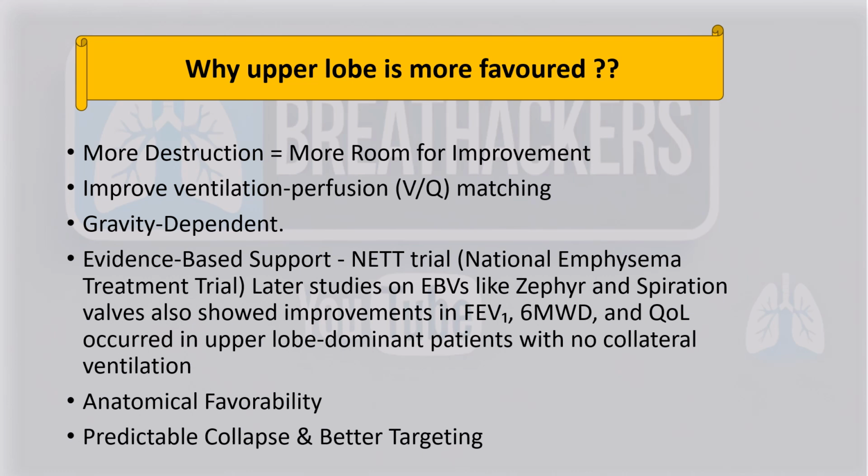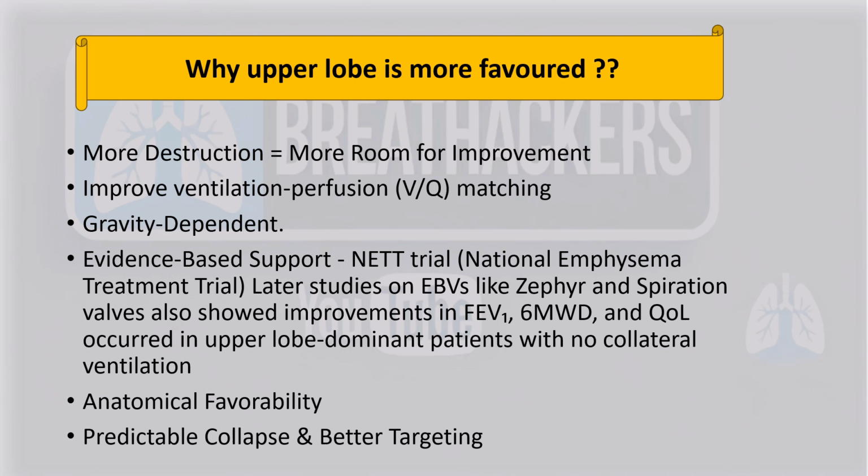Then anatomical favorability. The fissure, especially the oblique fissure, which is between the upper and the lower lobe, is often more complete, thus indicating a low collateral ventilation and a higher success rate for inducing a lobar collapse post valve placement. Lower lobes sometimes have some intersegmental connection, so they are a less predictable candidate.